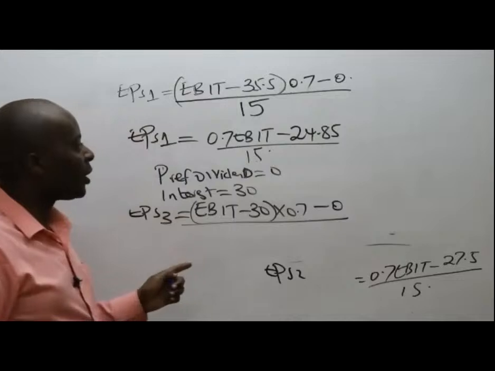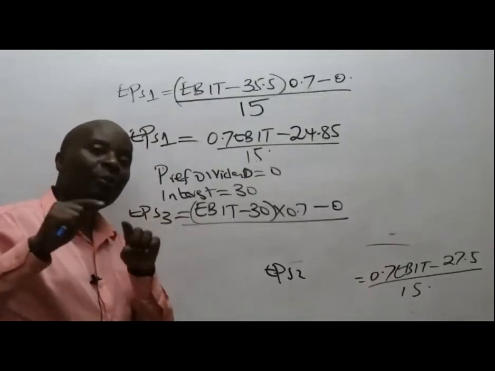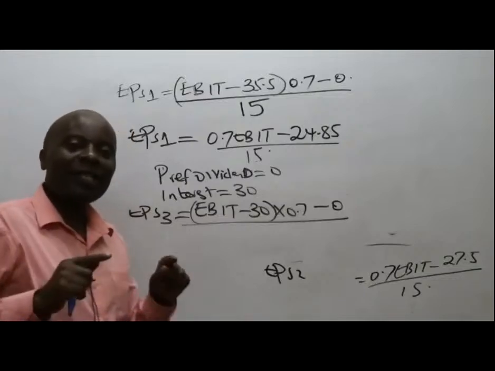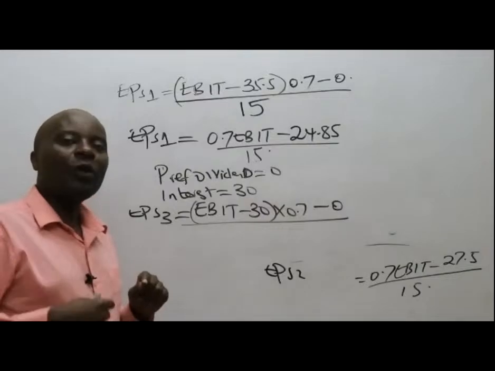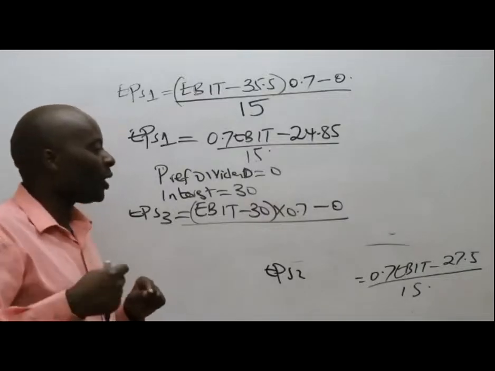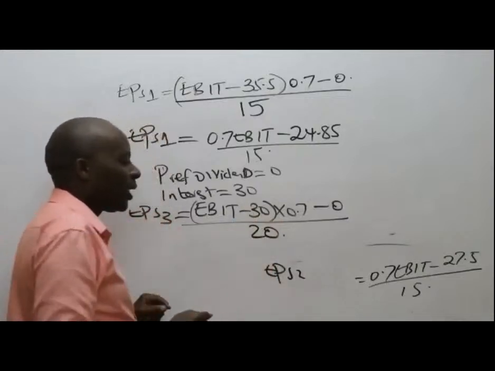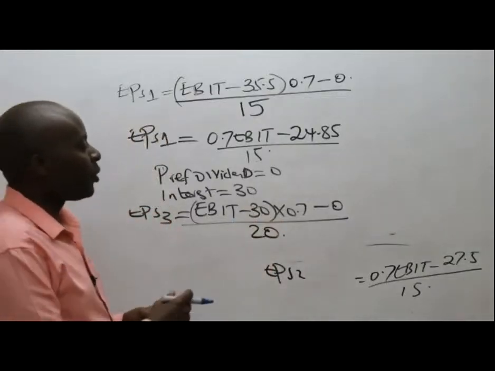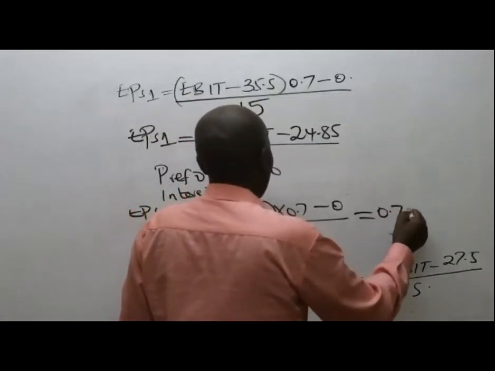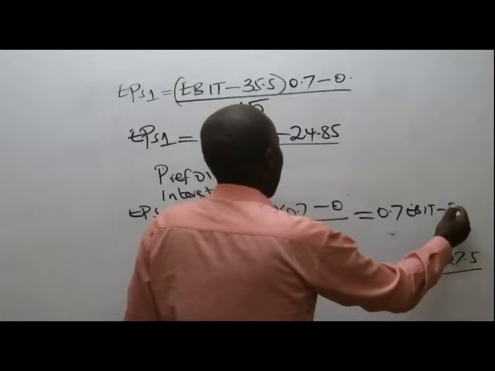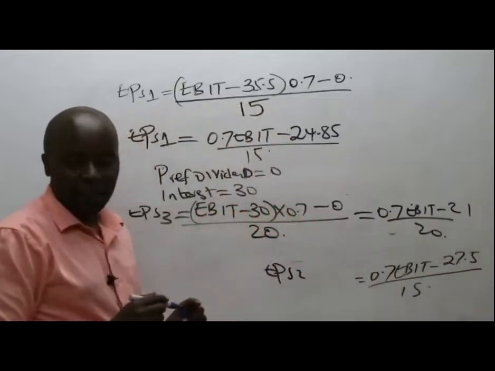Divide this by the number of ordinary shares, which I saw some people saying 15, forgetting that this time around we raised this money using ordinary shares. So in this case the ordinary shares are supposed to be 20. And of course, some students told me that my EPS 3 is supposed to be 0.7 EBIT minus 21 all over 20. That is brilliant.